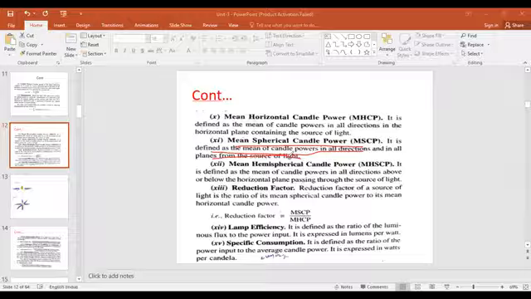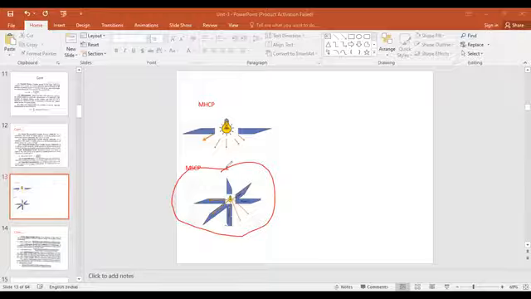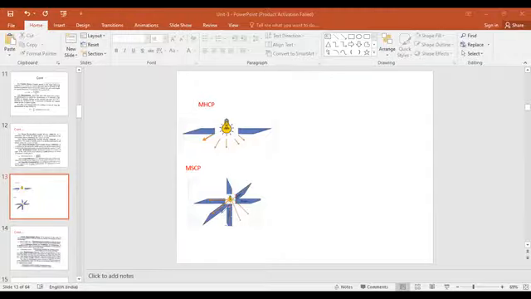In all directions, and we are considering all the planes. Consider this is the source of the lamp. Now we have three axes: this is the x axis, y axis, and z axis.